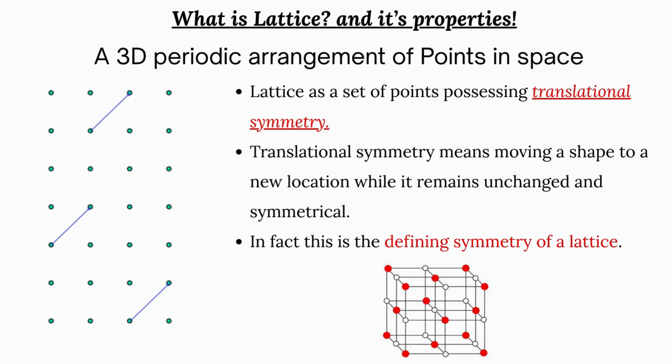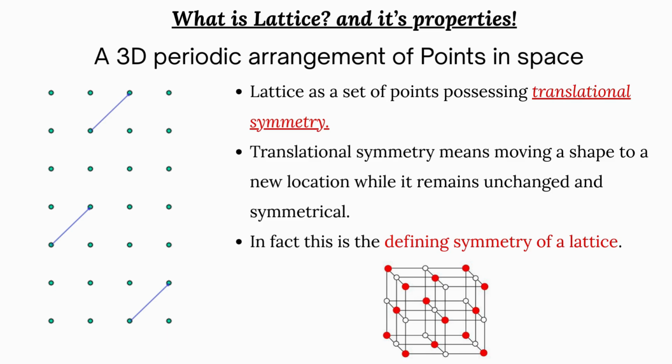Already we discussed that a lattice is a 3D periodic arrangement of points in space, and it must possess translation symmetry. Translation symmetry is nothing but, suppose I move this point to some other location with some vector and the pattern remains unchanged, the symmetry is also present along with the changed pattern.